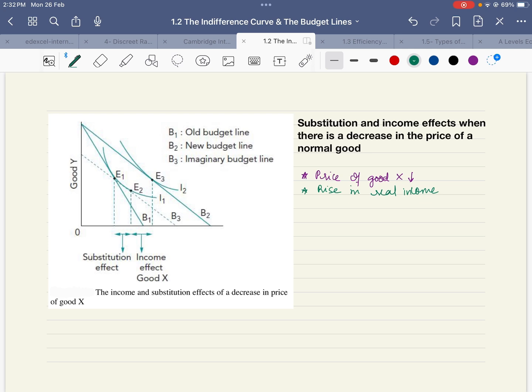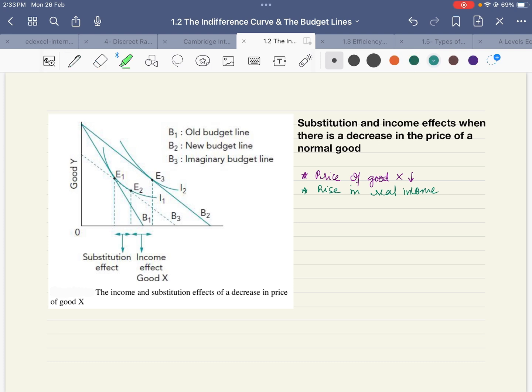As the price has decreased and the quantity will increase, we can easily say that B1 is the old budget line, it's highlighted here as well, and B2 is the new budget line, as the consumer can purchase more of good X. B3 is the imaginary budget line.